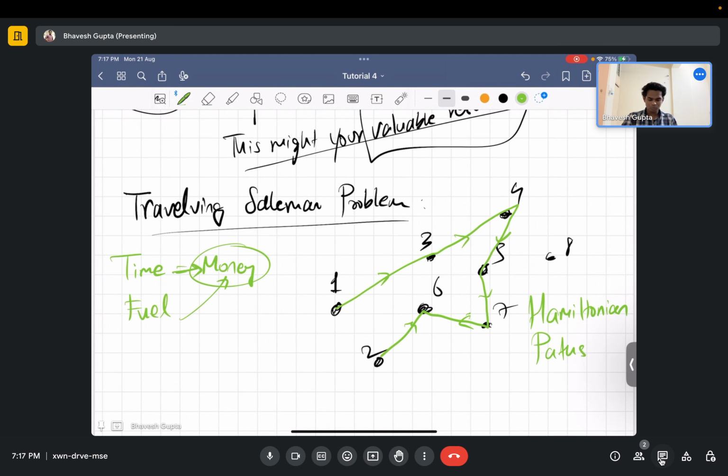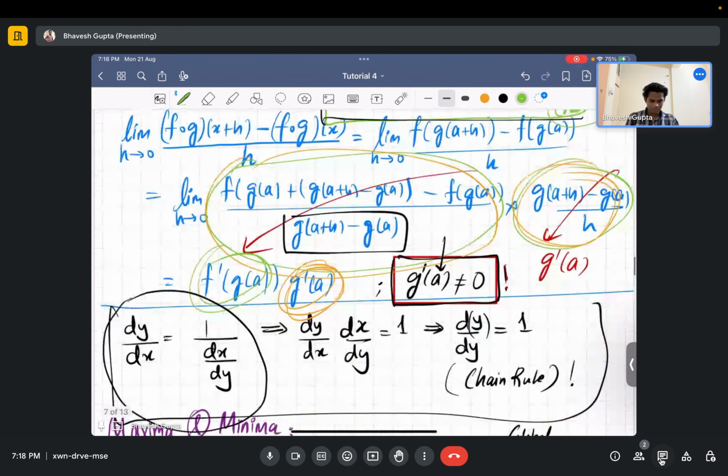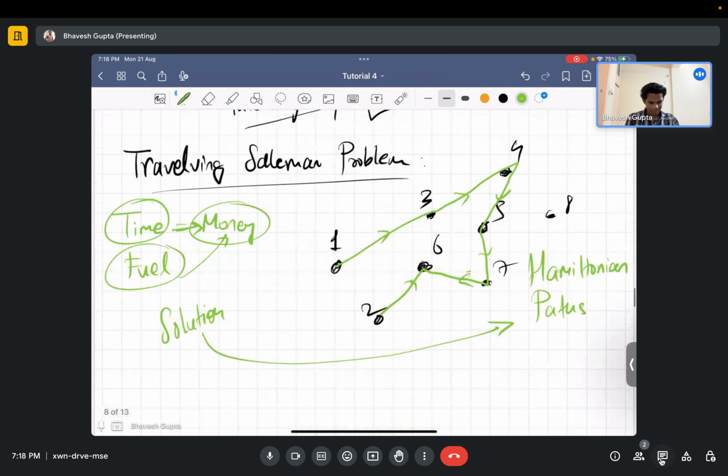So we want to use as little time as possible and as little fuel as possible. So you have to come up with a solution, solution in the sense of the path, such that you solve this problem. So this is one example of an optimization problem.